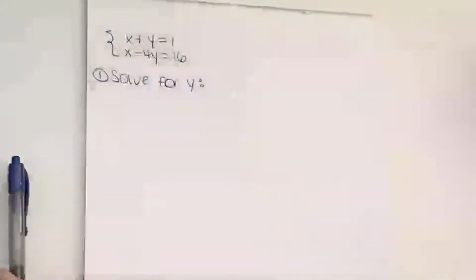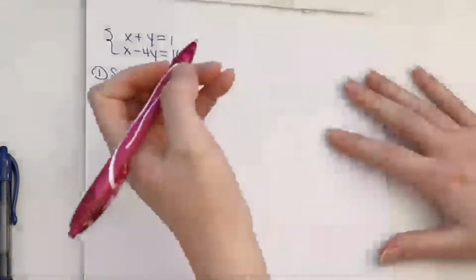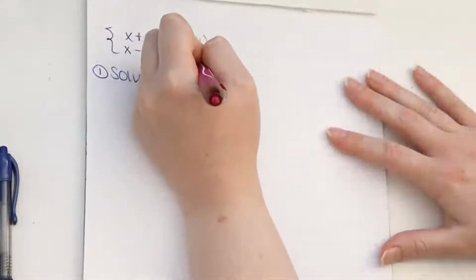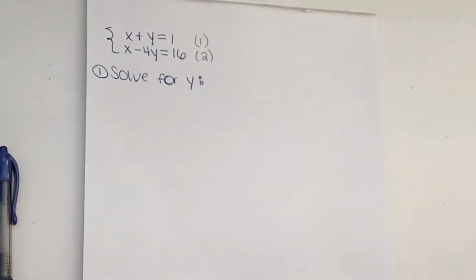So remember, and again, this was discussed in the videos for the lecture today, but you have your section equation 1 and equation 2. Okay, so my first step is going to be that I solve equation 1 for y. Okay, and again, this is number 5, the homework from mod 3.